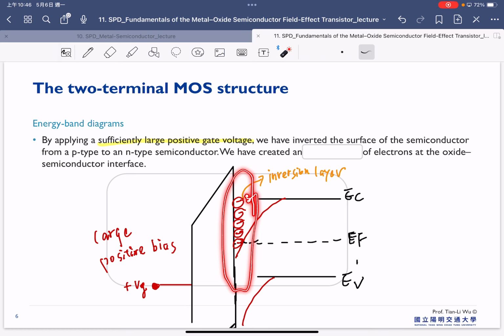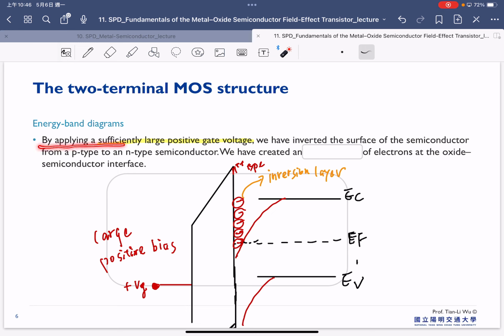That's very similar to our degenerate semiconductor, right? Degenerate means our Fermi energy is already inside our conduction band. So this is the region where you have the N plus type, and the reason you become N plus type is that you start to have electron inversion at this interface.